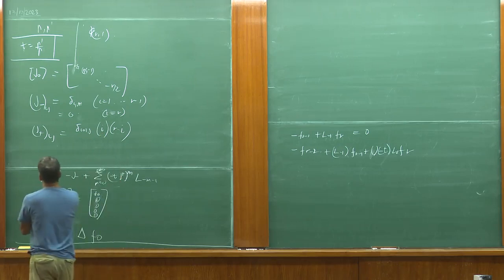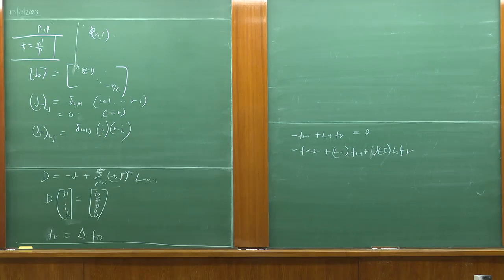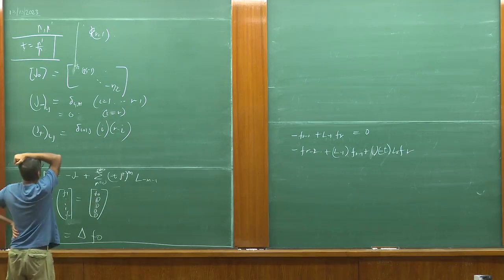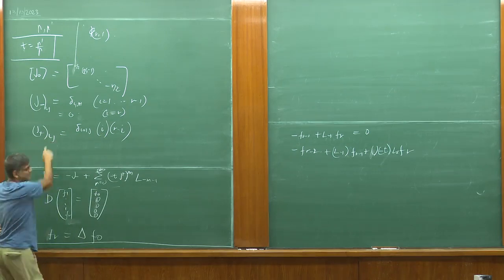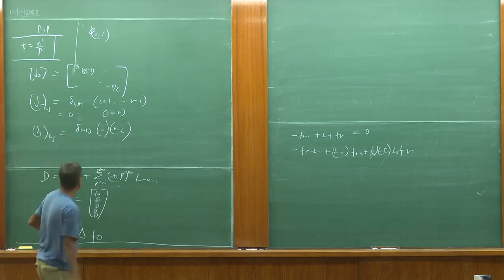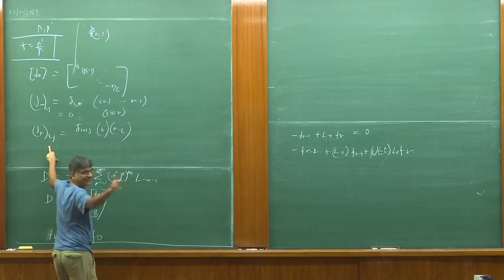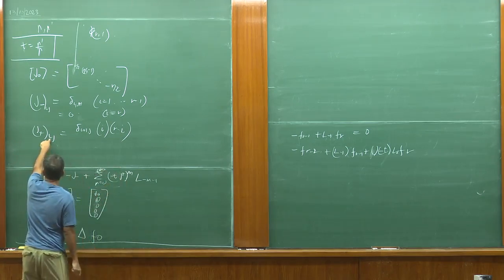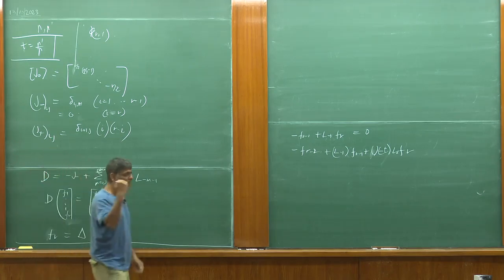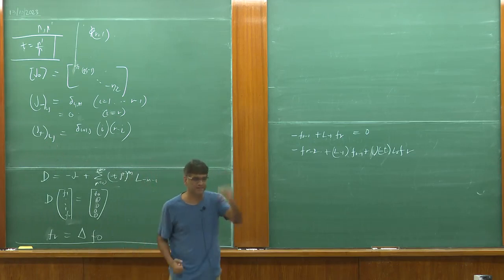We're looking at, you're right, yes. Thank you. The I has to be, as you said, r minus 1, because we're looking at the r minus 1th row.